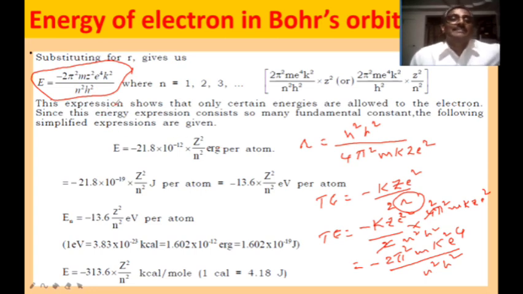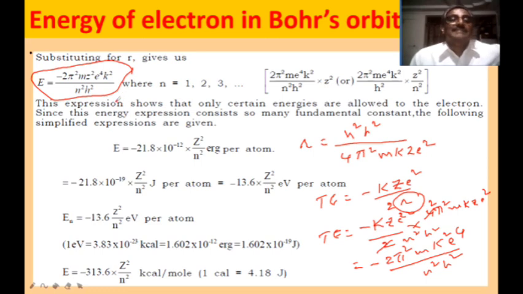In this equation, all the values except n and Z are constants.